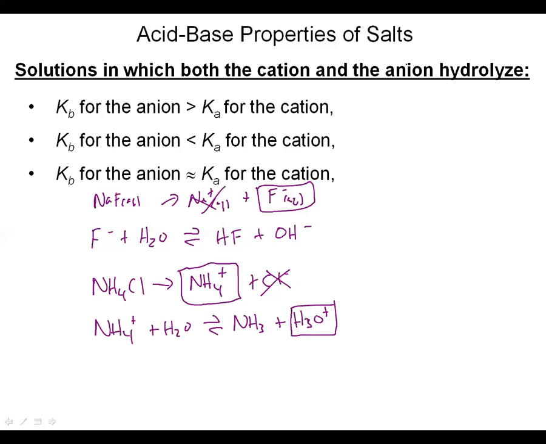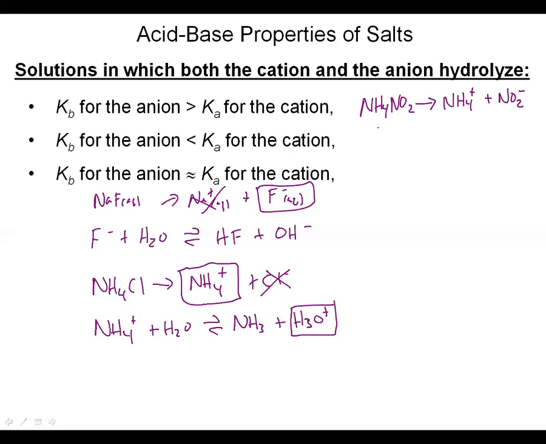It is possible that you could have a salt where both parts of the salt will go through hydrolysis. So for example, if I had this salt, which was ammonium nitrite, when ammonium nitrite breaks apart, it breaks apart into NH4 plus and NO2 minus.